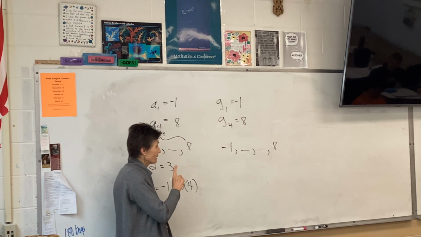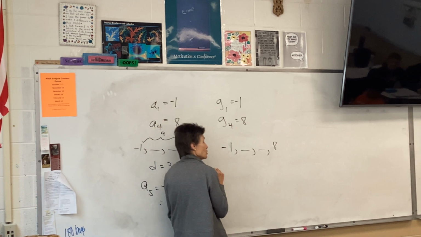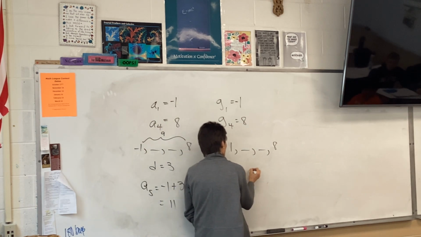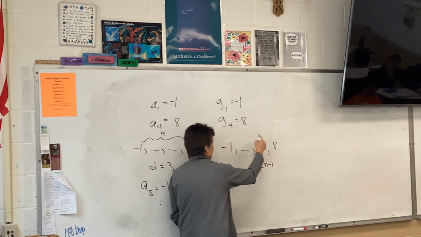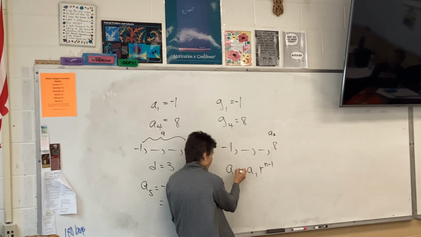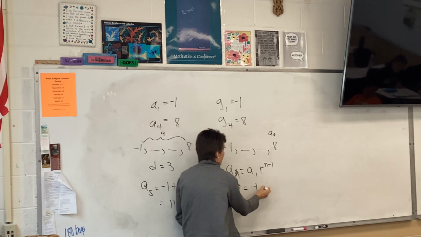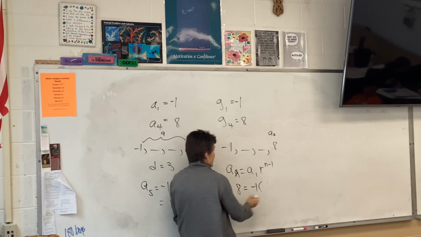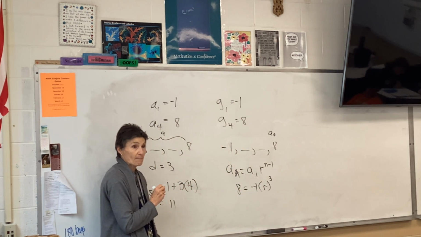Now, these are a little confusing, especially with the sign things going on. So here's a suggestion. Remember your formula. 1, 2, 3, this is the fourth term. So a sub 4, I'm gonna put a 4 in here. a sub 4 is 8, and it has to equal -1 times my ratio to the third. Does that make sense to you?